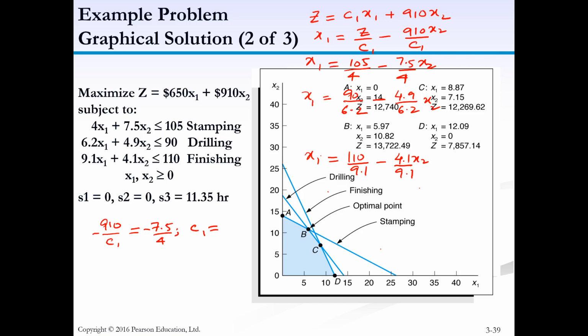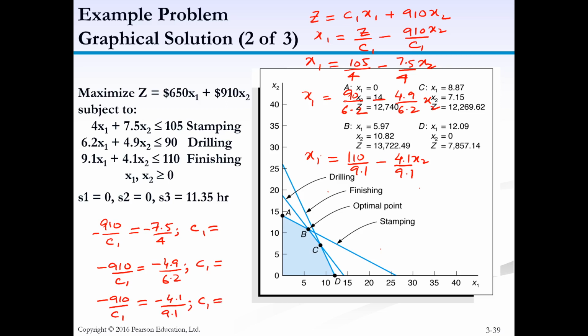Then similarly, 910 over C1 equals 4.9 over 6.2, and C1 equals, and the third one, 910 over C1 equals the third constraint slope, 4.1 over 9.1, and C1 equals.